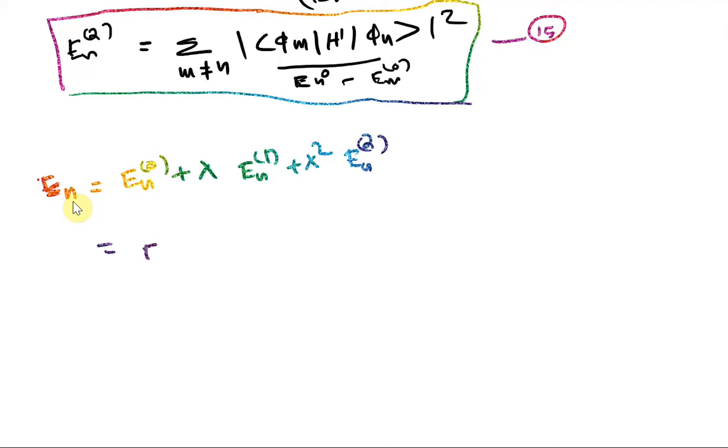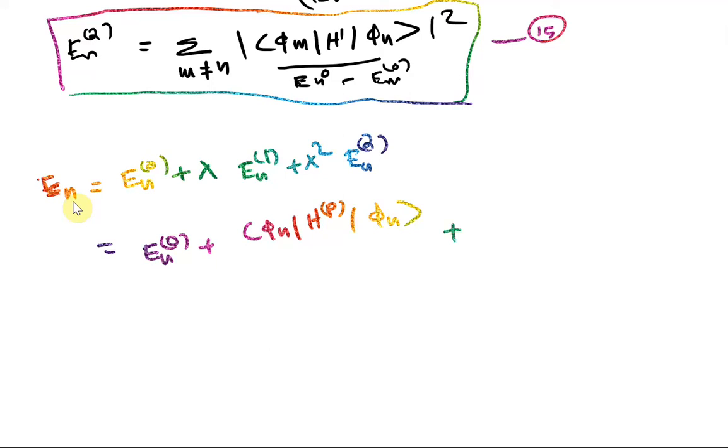So this is En0 plus lambda En1. We have seen the term, which is going to be phi n HP phi n. That was the first order correction in energy. Lambda is multiplied with that h prime and it became HP.